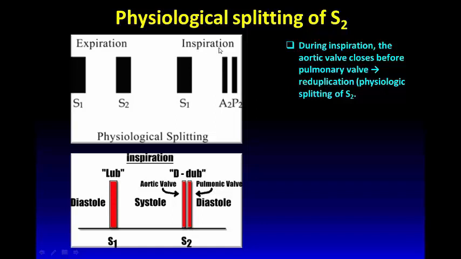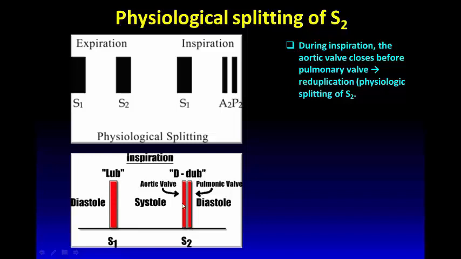So in normal subjects, during inspiration, the first and the second heart sounds would sound like lub the dub, lub the dub. Lub is the first heart sound, and the dub the second.